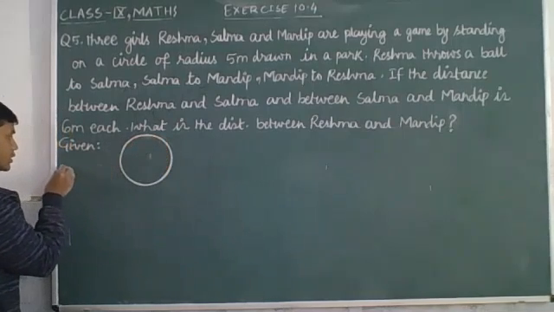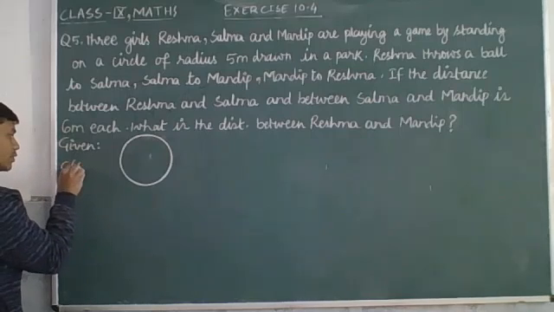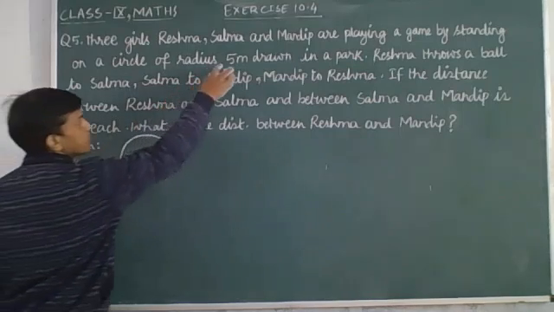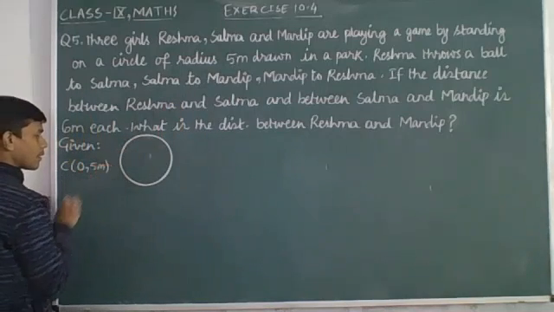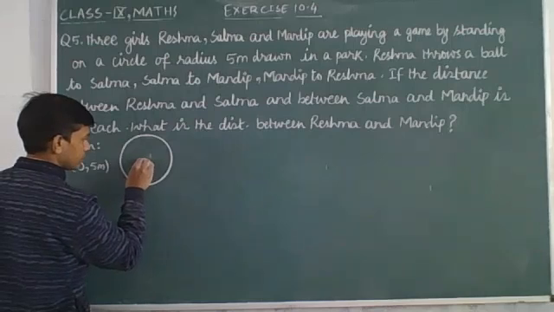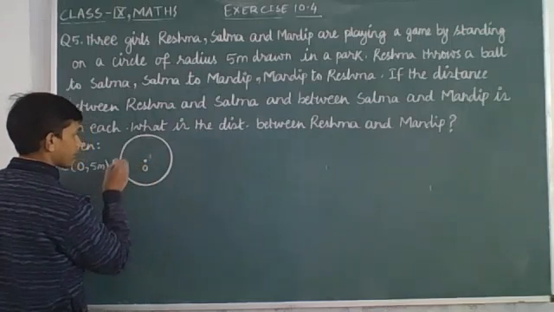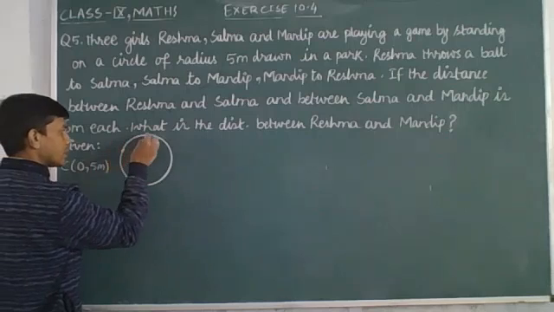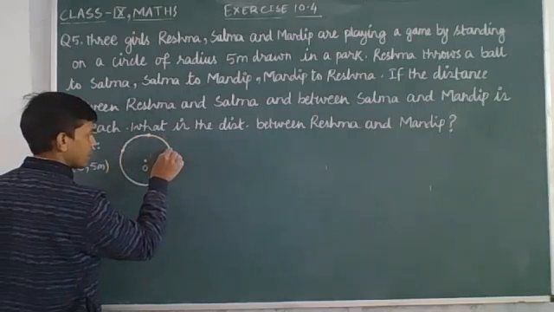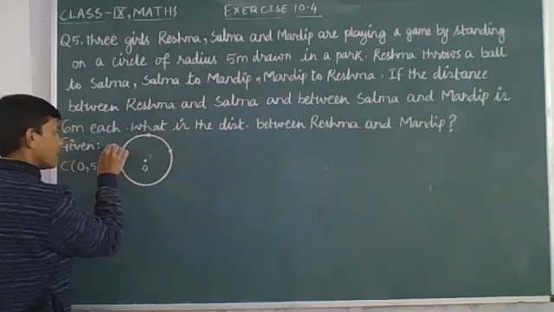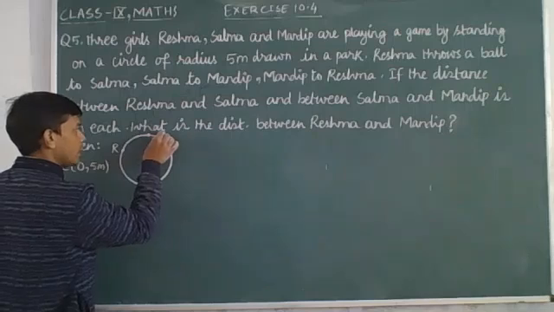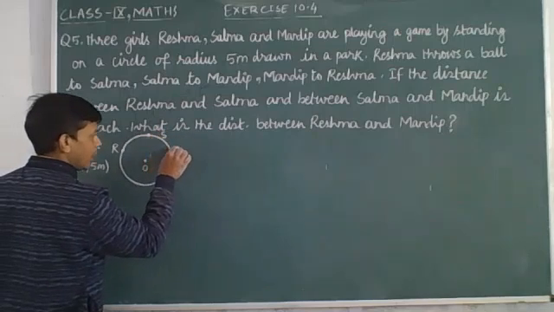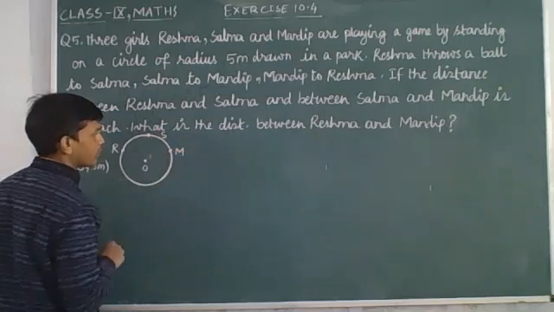So this is a circle C with center at O and radius 5 meters. And these are the positions of Reshma, Salma and Mandeep. We have represented them by using the letter R for Reshma, S for Salma and M for Mandeep.